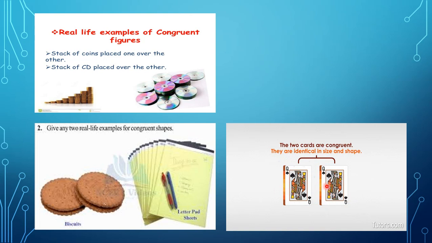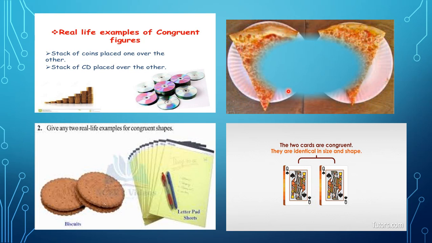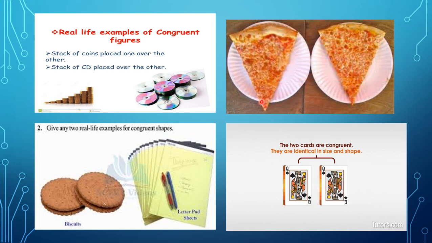The cards which we play, all the cards: if we take two cards, both are identical in shape and size. Two cut slices of pizza are also equal in shape and size.